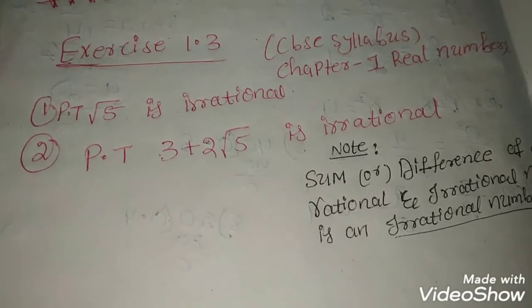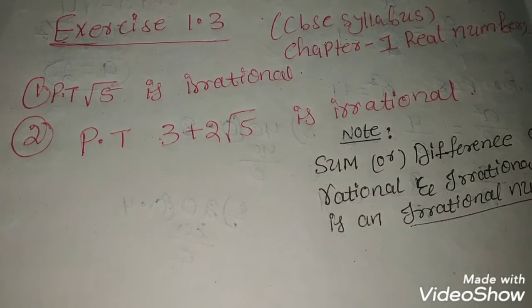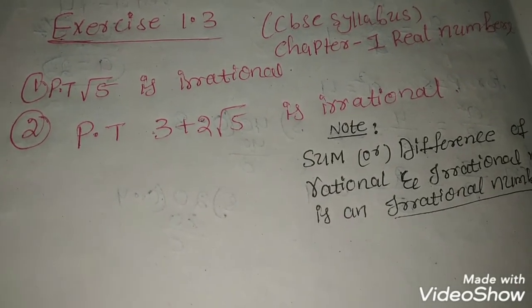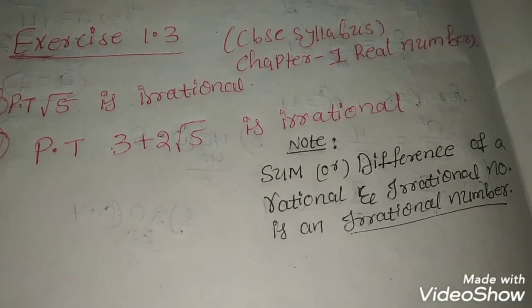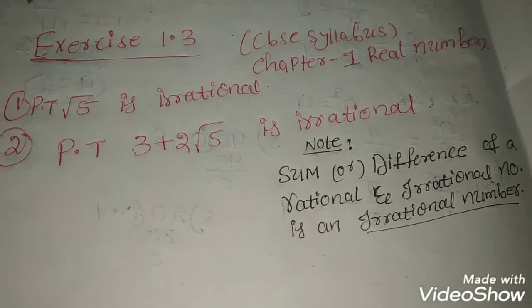In exercise 1.3, question number 2 is: prove that 3 plus 2 root 5 is an irrational number. So here you have to write the note: the sum or difference of a rational and an irrational number is an irrational number.